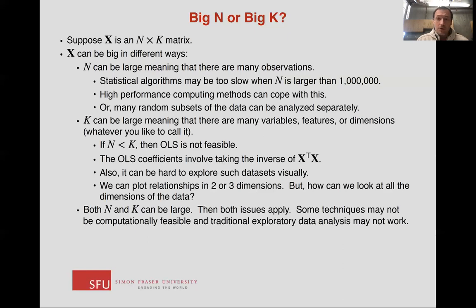For example, when k gets larger than n, we have issues with OLS. We won't cover that in this class, but that's a problem you may study later on, and you may learn about penalized methods such as ridge regression or the lasso. But importantly, when k gets really large, it can be hard to explore these data sets visually.